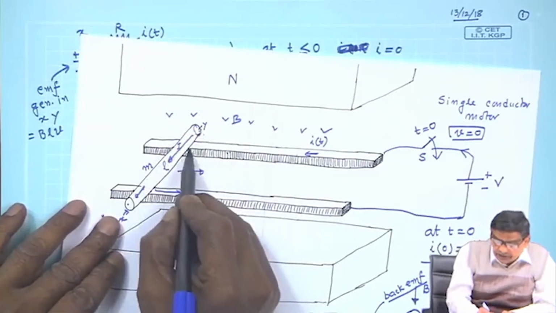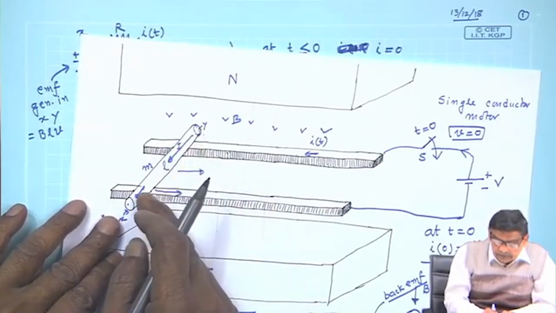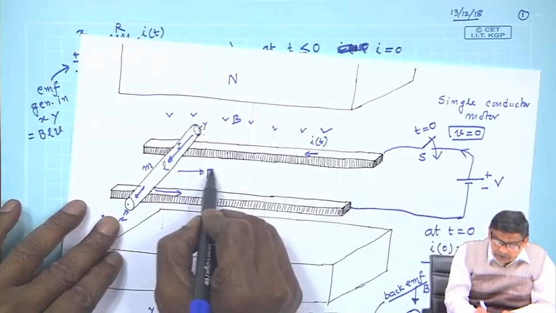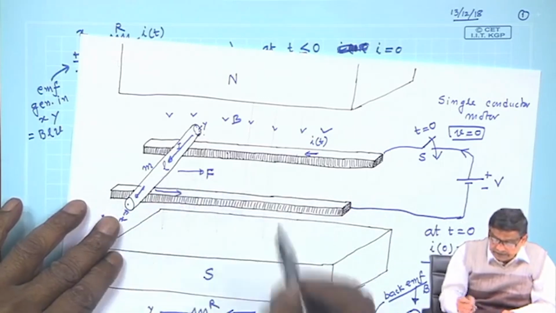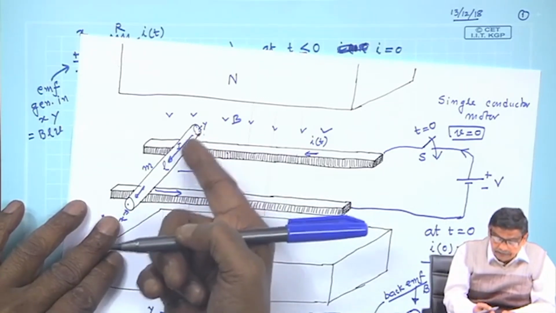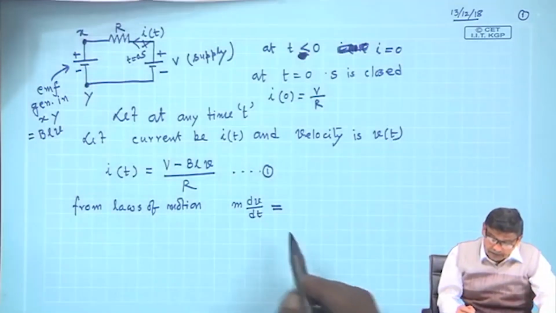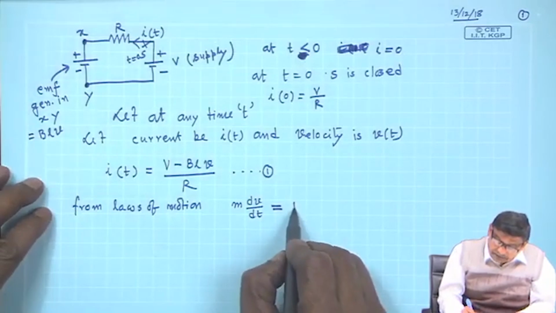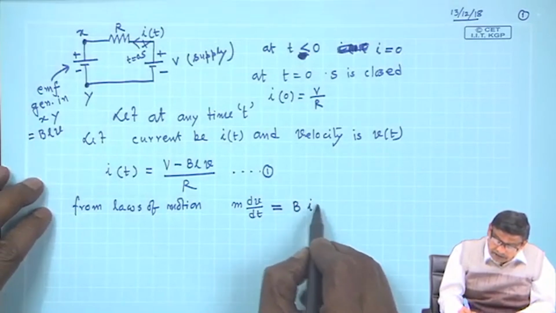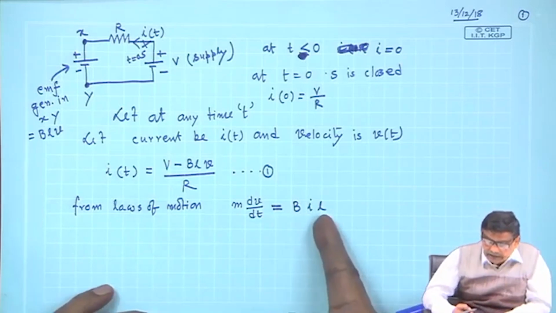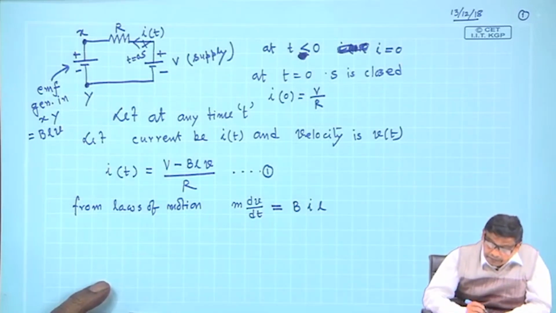I have assumed friction absent, no air friction, only the force acting is this dynamic force, that is B i L. So, m dv/dt is equal to B into i into L, whatever the current is at that time, and L is the length of the bar.